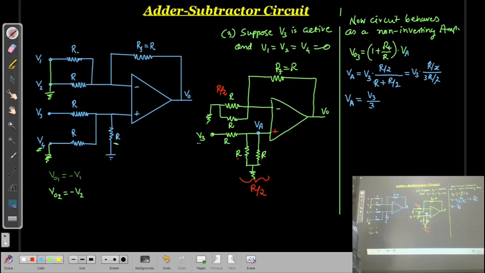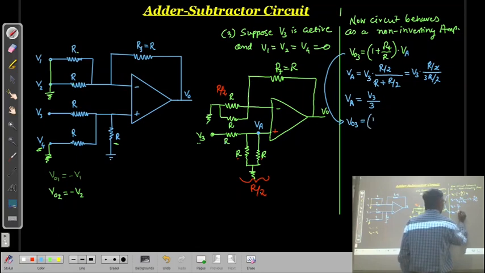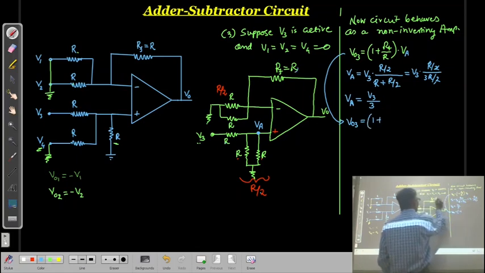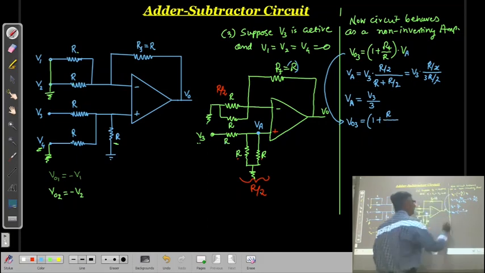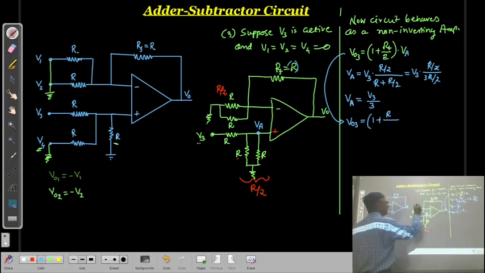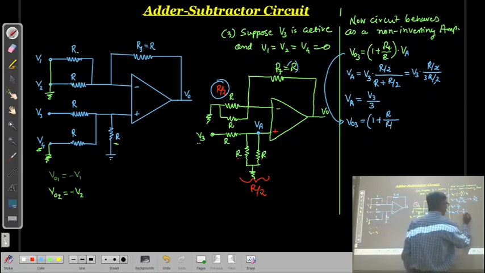V3 by 3. And if we calculate now the output voltage, this output voltage VO3 is equal to 1 plus RF by R. RF is nothing but the resistance R, so that resistance is R by 2. R by 2 into V3 by 3.